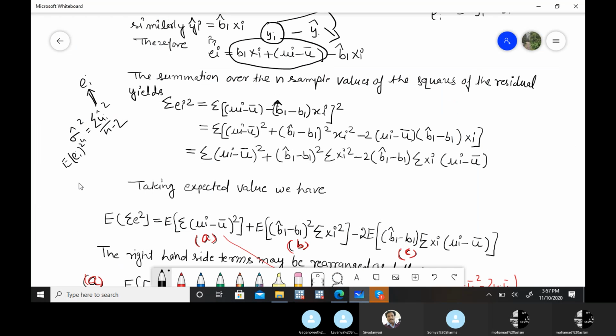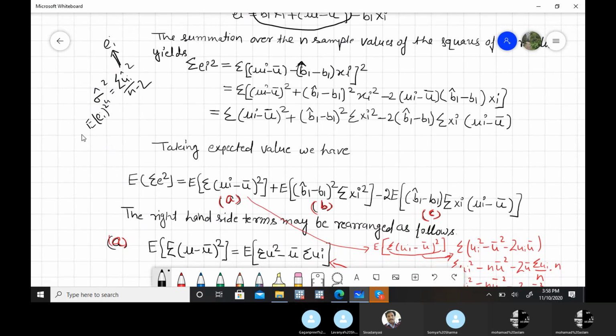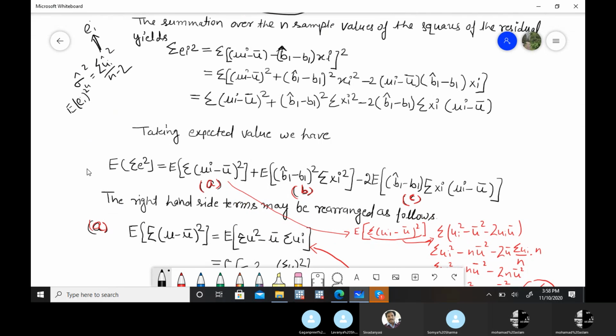Sigma square is for the population, but in sample data we have the variance of the residual from the sample only. So we have to prove that this is equivalent to sigma square. The population residual data we don't have, so we are only going to use this sample value in place of sigma square.